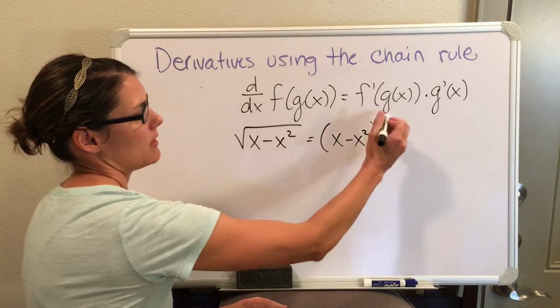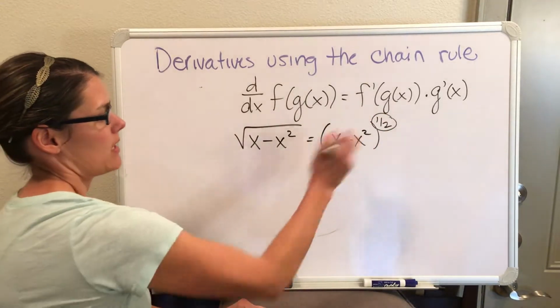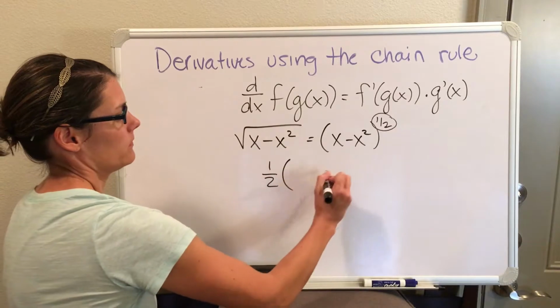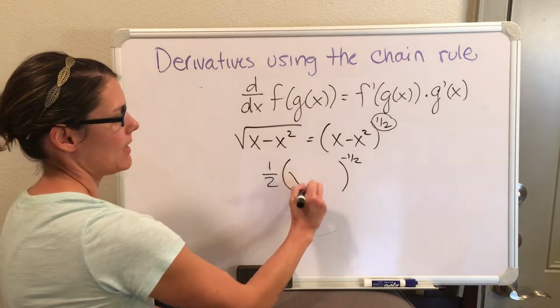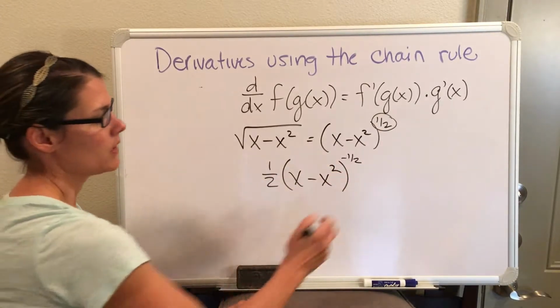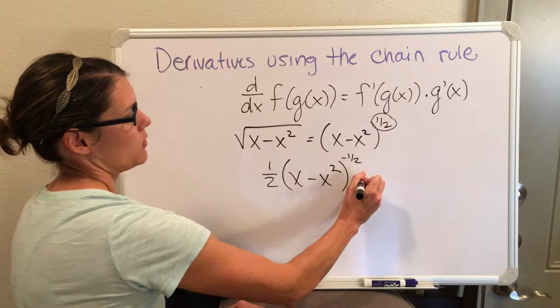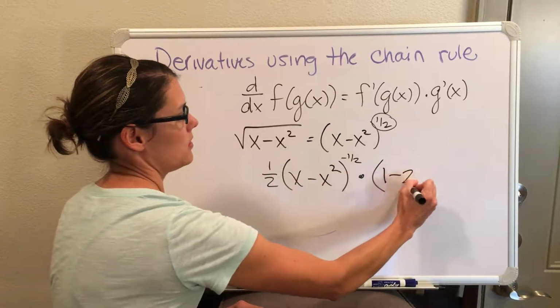And when you have functions like this, the outside is always going to be your power. So the derivative of the outside is using the power rule. But what I do to the inside, I just leave it alone. So all I did was the power part. And now I'm going to multiply it by the derivative of the inside, which will be 1 minus 2x.